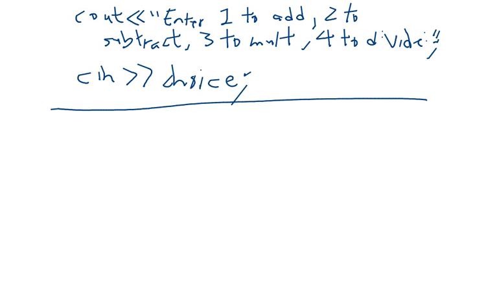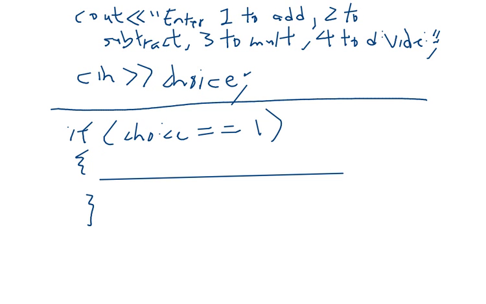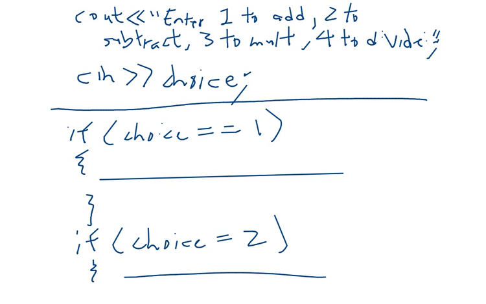Now, can you still use if-elses or a bunch of ifs? Yes. You could do something like if choice is equal to 1, you do your addition. Then you do if choice is equal to 2, you do the subtraction. So you could have 4 if statements.